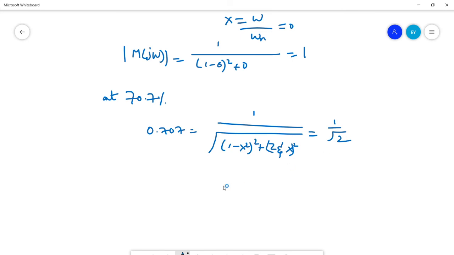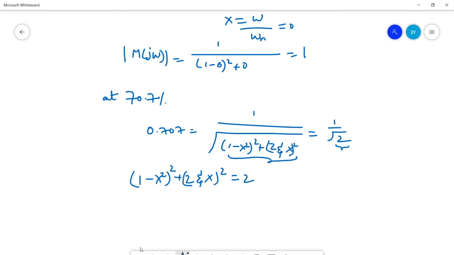So by equating the left hand side and right hand side, this denominator can be equated to root 2. So the roots get cancelled and only this term can be equated to 2. So (1 minus x square) whole square plus (2 zeta x) whole square is equal to 2.